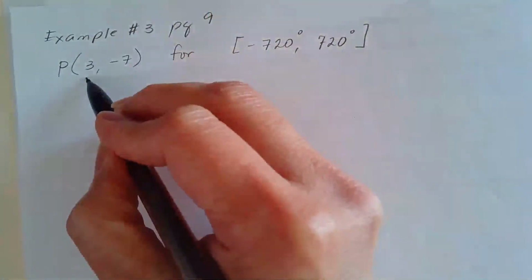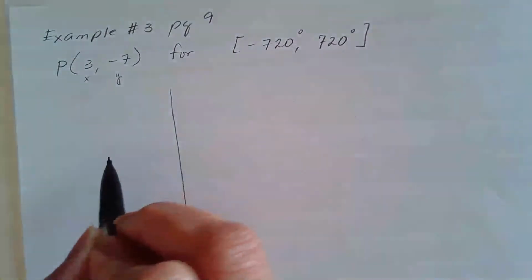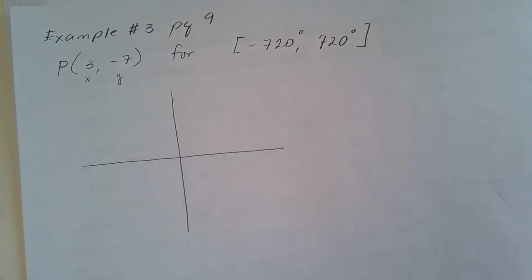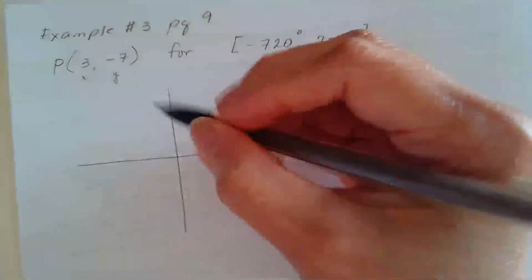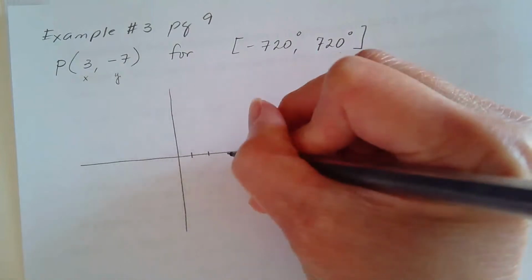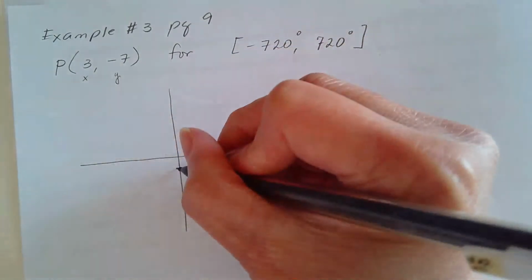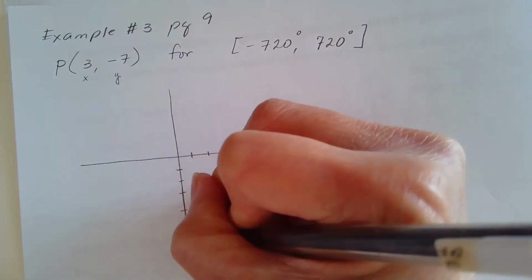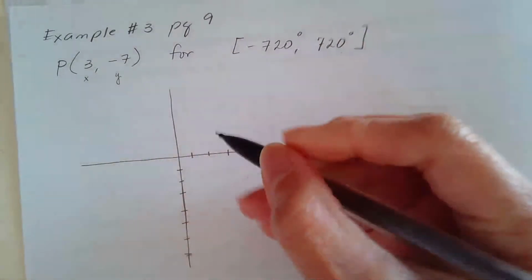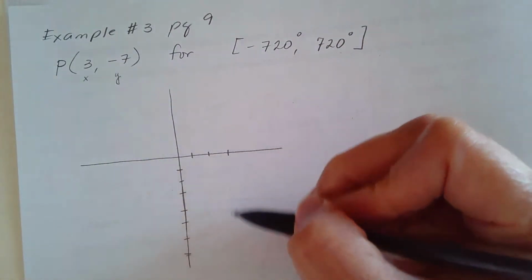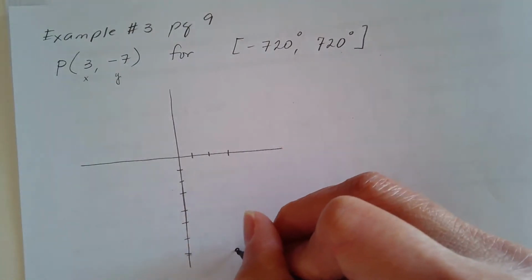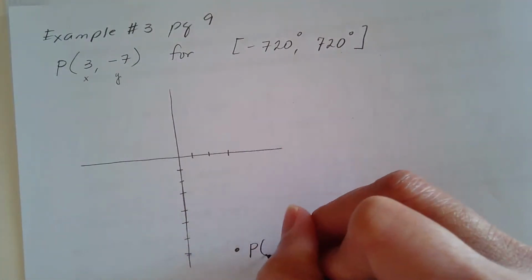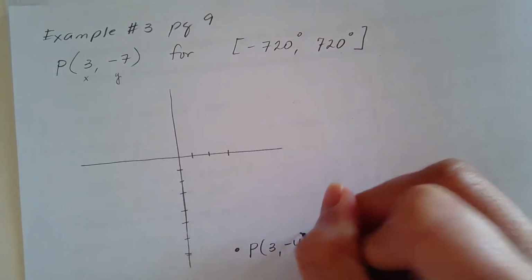Where does it end? So this is your x, and this is our y. So the point is going to be, where is that going to be? Positive 3, 1, 2, 3, -7, 1, 2, 3, 4, 5, 6, 7. So positive 3, -7 actually lands in quadrant 4.